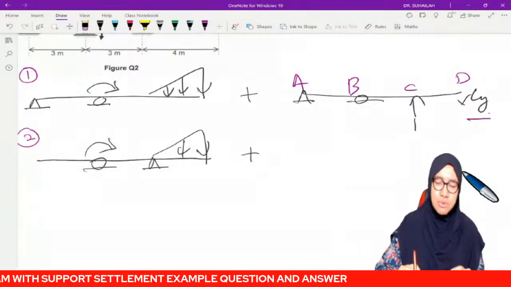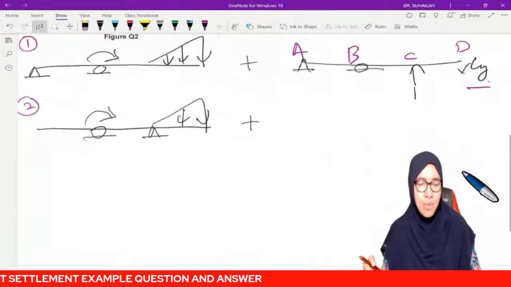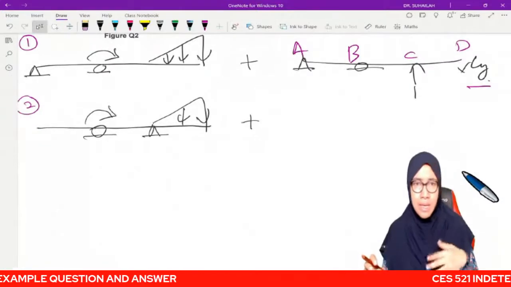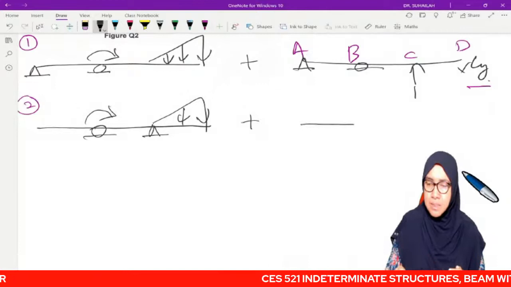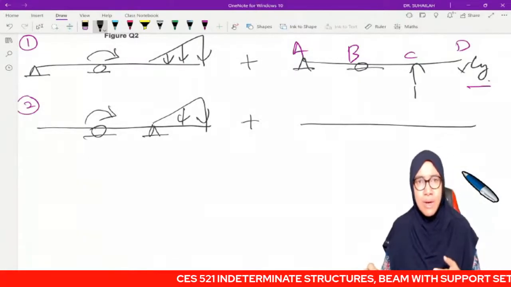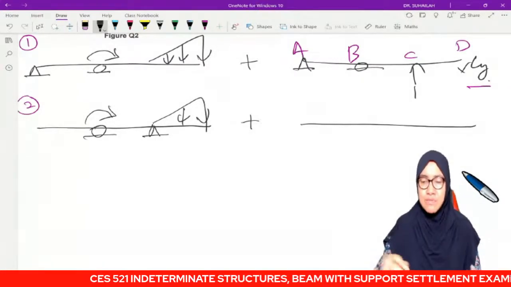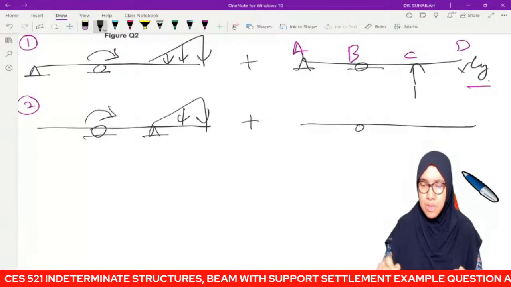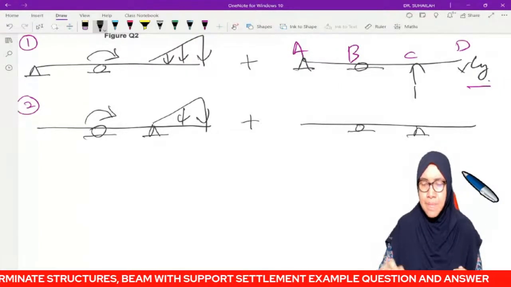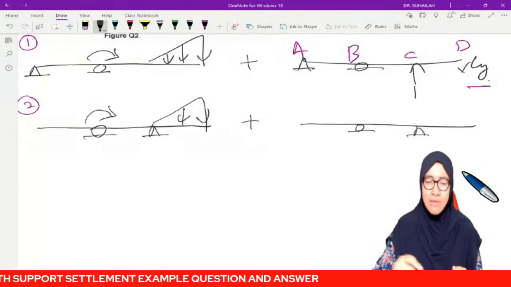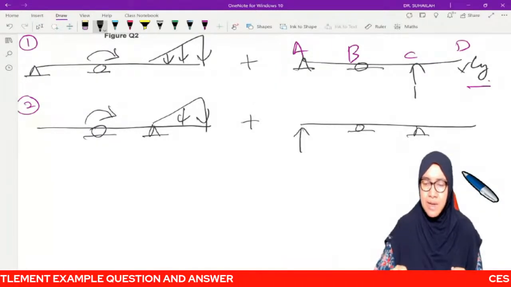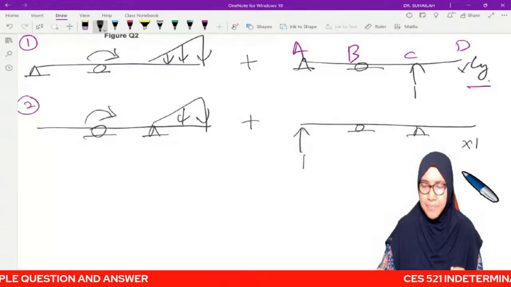Same goes to the second possibility, where we remove AX and AY, but the redundant system is a unit value of AY. So remain roller and pin at B and C. So we have to apply a unit value of AY.